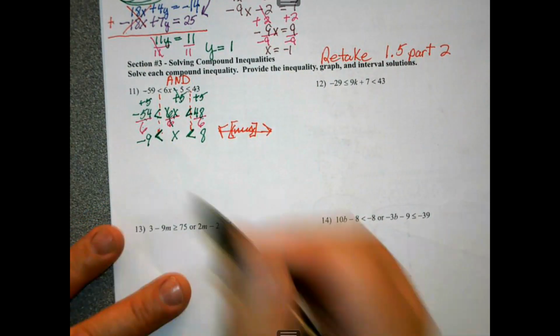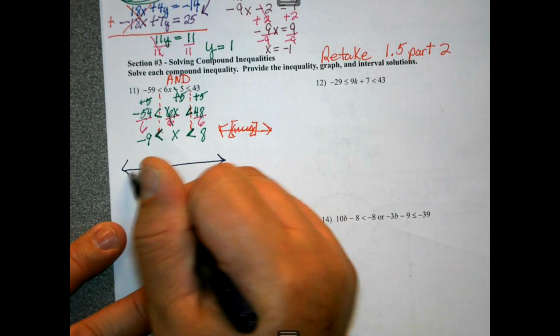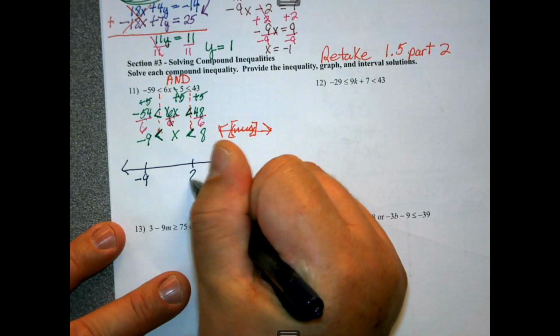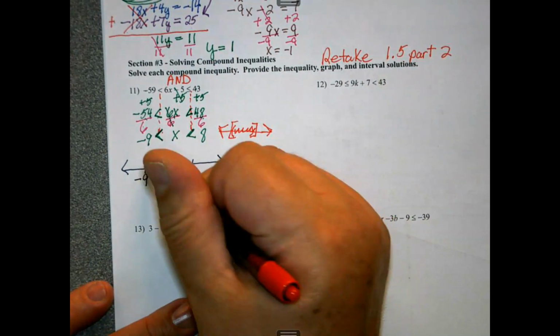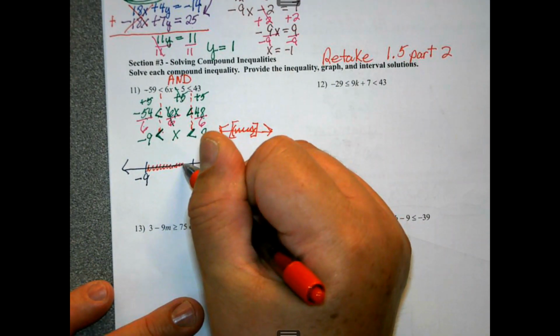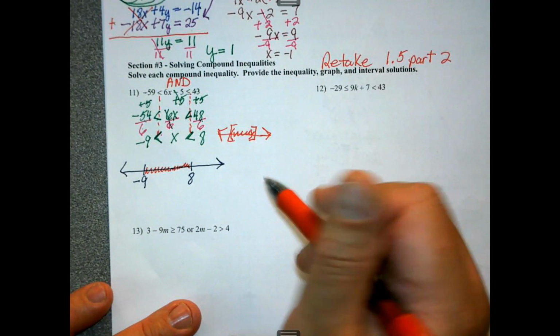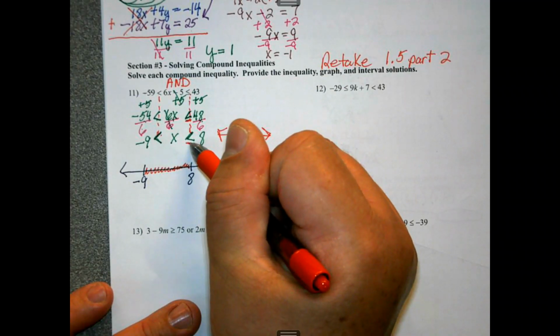Okay, draw a number line. And we're going to use the lower number negative 9, the upper number 8. It's an and. I know we're going to shade in between. Did I miss an equal sign? Yeah. Should be one here, one here.